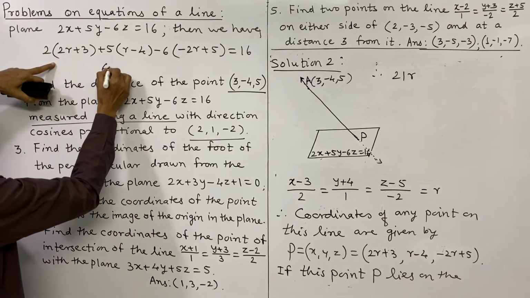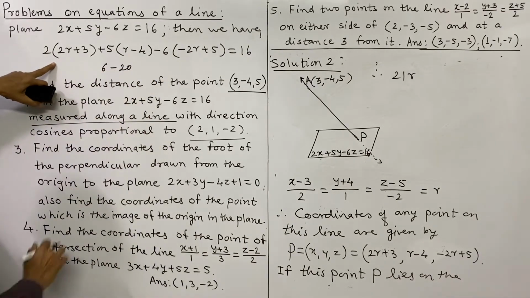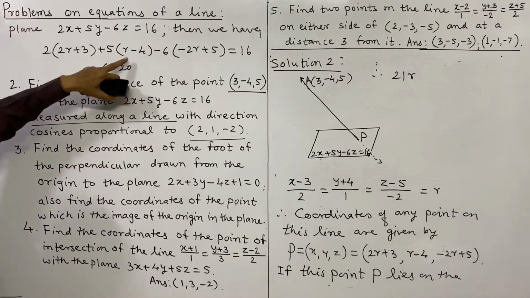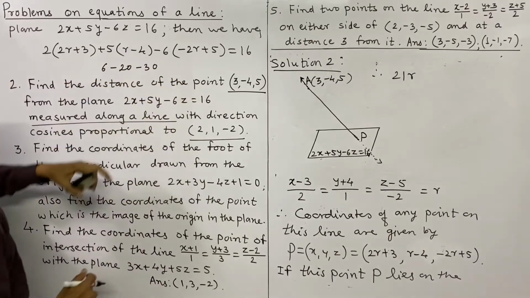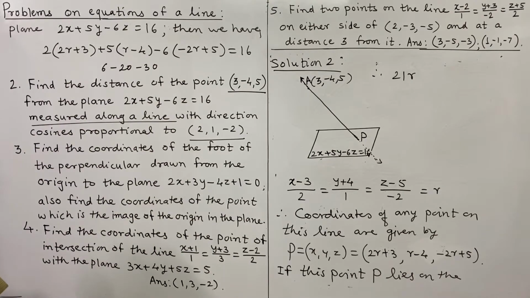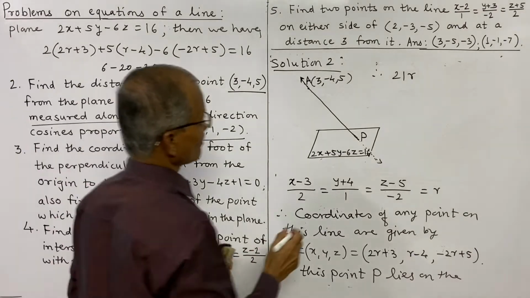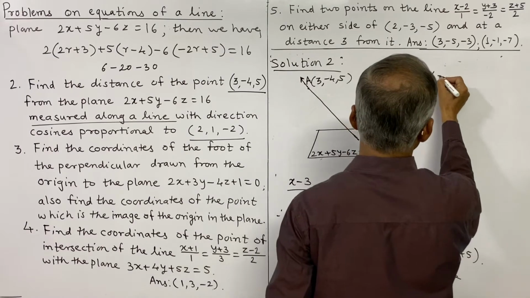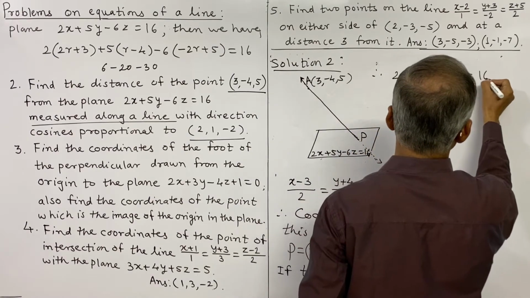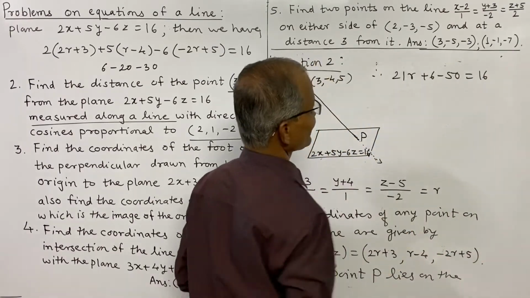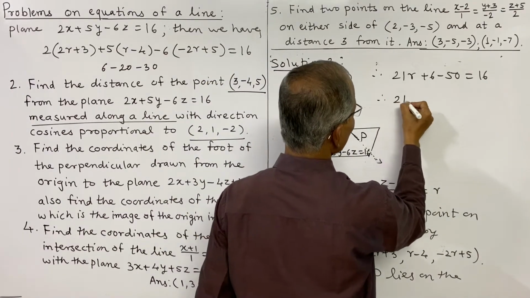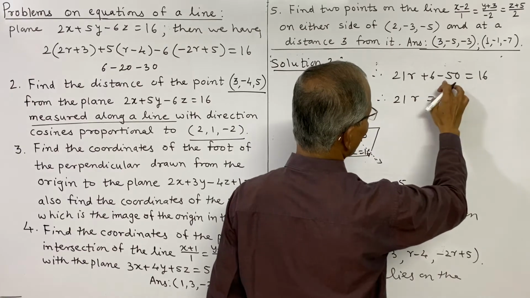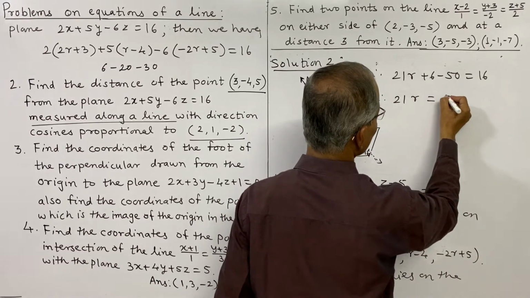It is 6 minus 20, 2 into 3 and then 20 minus 20 and this is minus 30. So that will be minus 50 plus 6, or 6 minus 50 is equal to 16. This 6 and this 6 cancels, the 10 remains on right side. So this gives 21R is equal to 10 plus 50, that is 60.